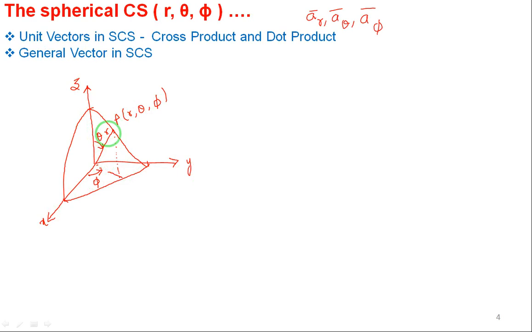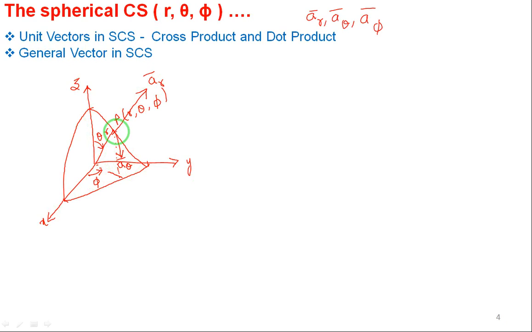Then I want to show you the unit vectors. AR in the radial direction means it will be the upward direction, so I am drawing it very lengthy so that it is clearly visible. Then A theta, it is in the downward Z direction, means it is going towards negative, so it will come downwards here, but it is tangential to the spherical surface.